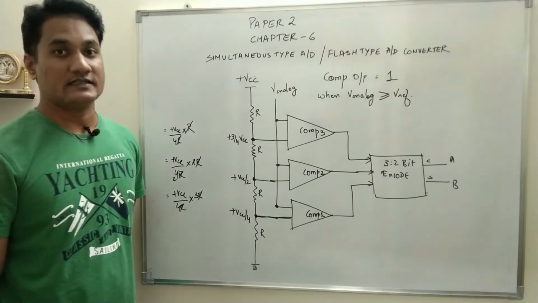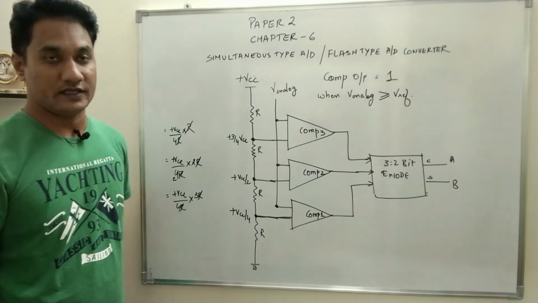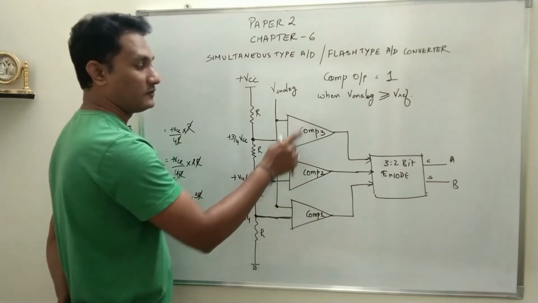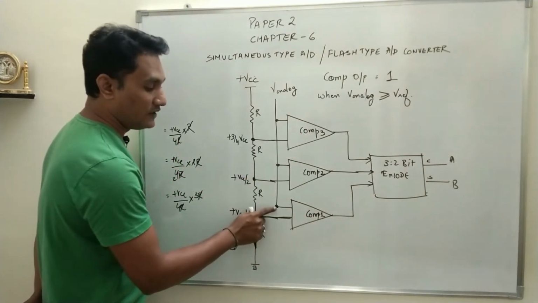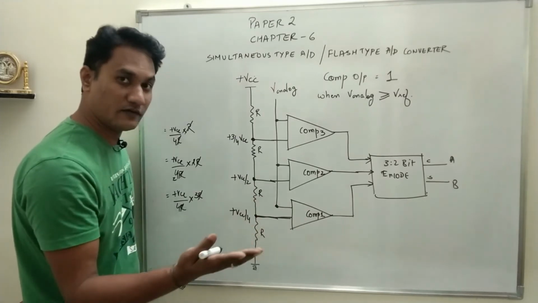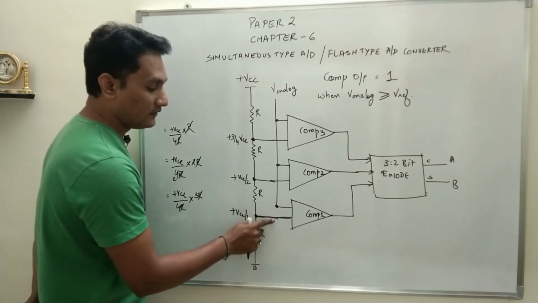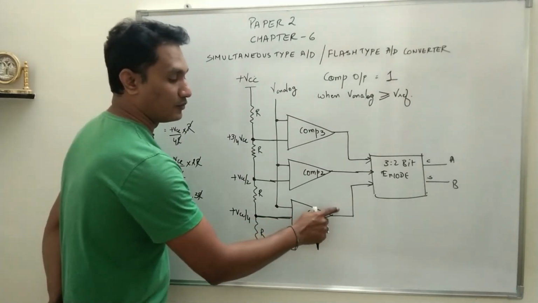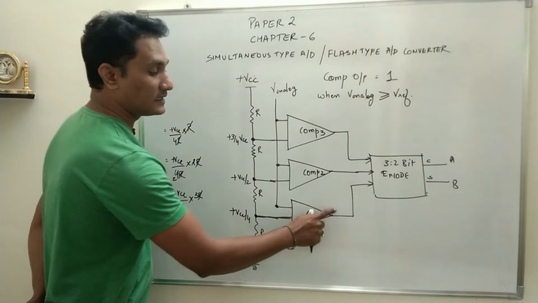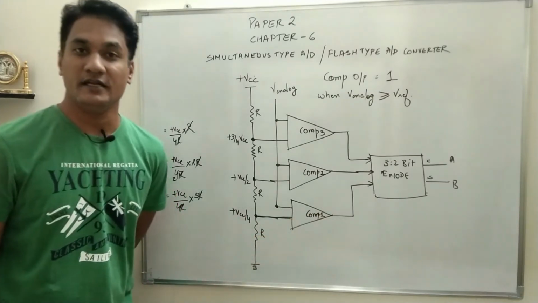The comparator compares the voltages. So if V analog is greater than or equal to plus VCC by 4, whatever the value, if it is greater than that, the comparator output will be 1. If that condition doesn't hold, the output of the comparator will be 0.